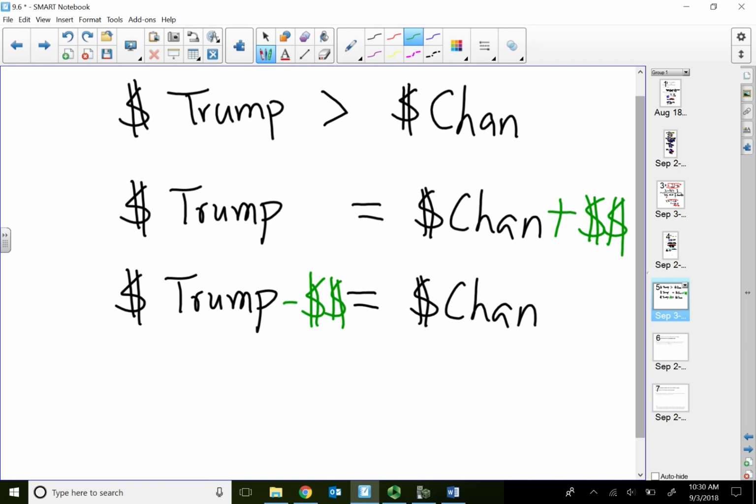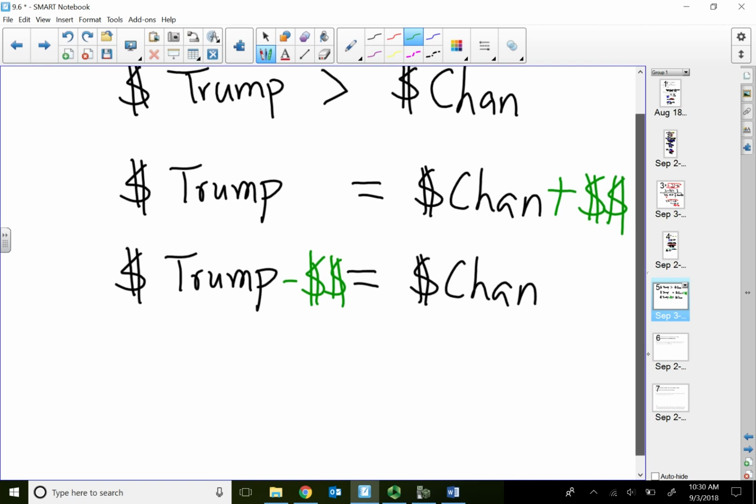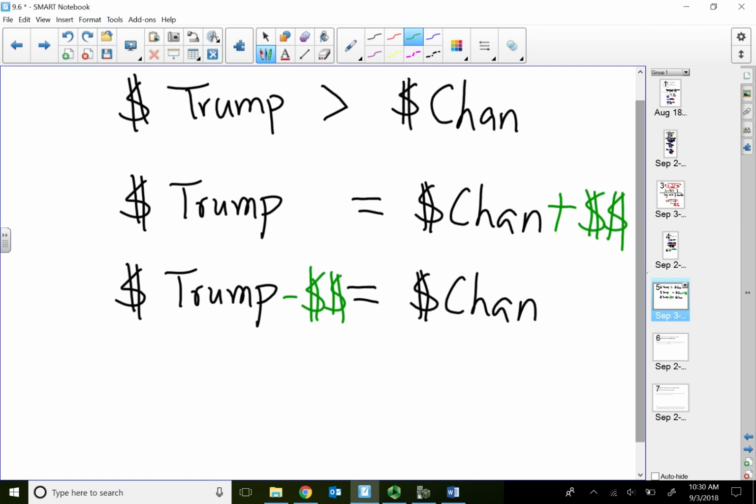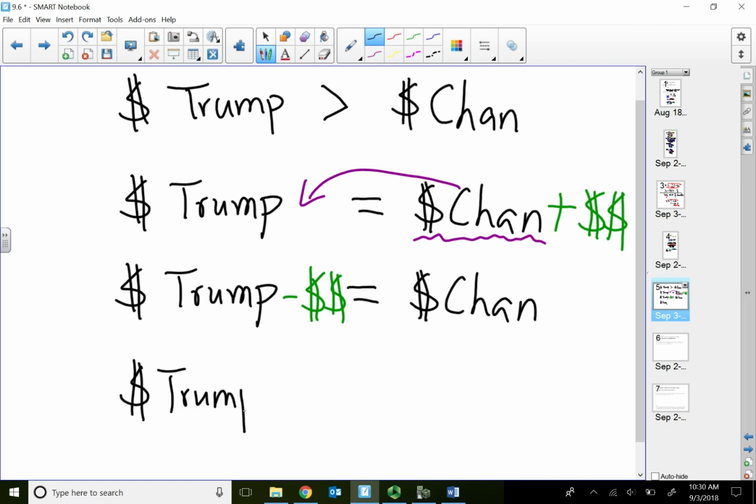other. Now, how does this relate to the problem we are doing? Well, we know Donald Trump is greater than Mr. Chan, so if you just imagine moving this term to the other side, that means Donald Trump's money minus Mr. Chan's money, right?